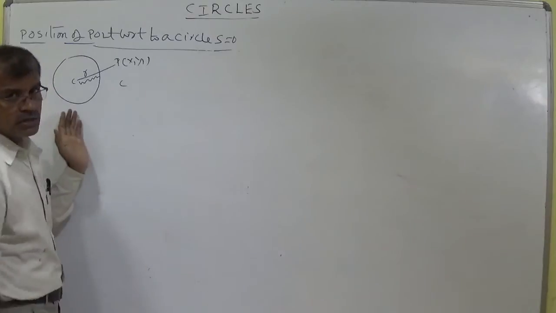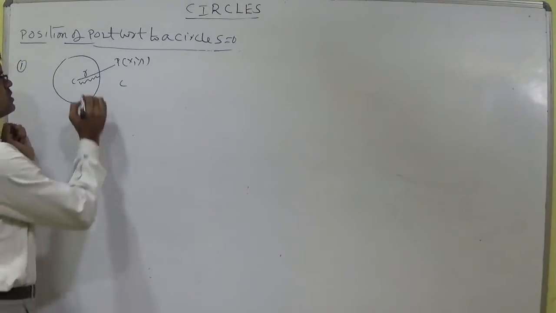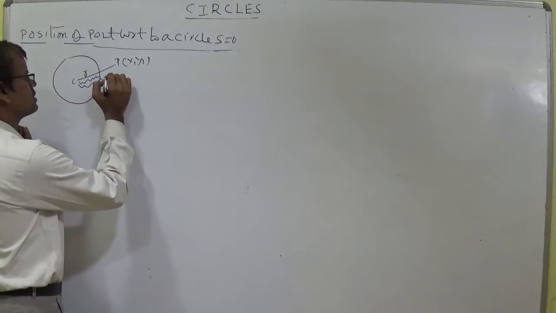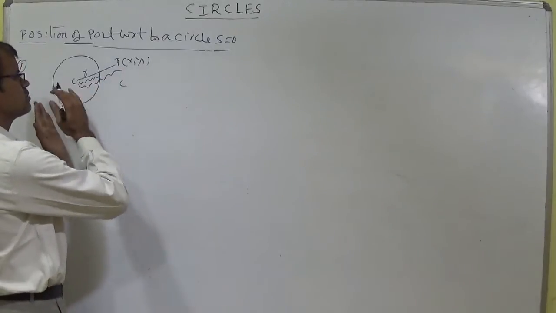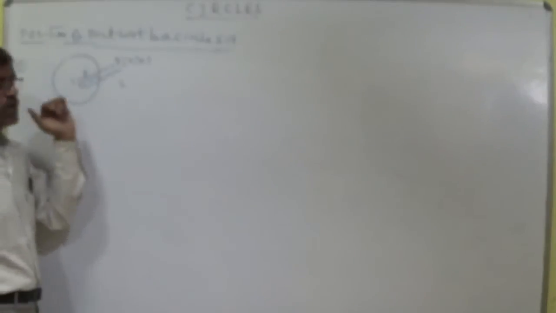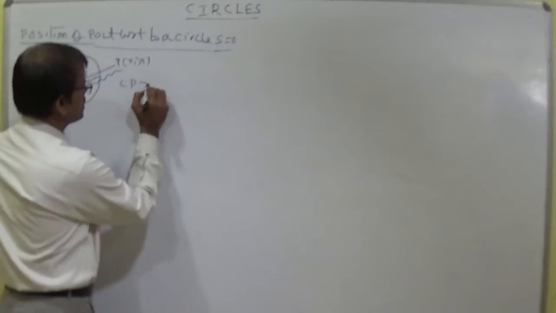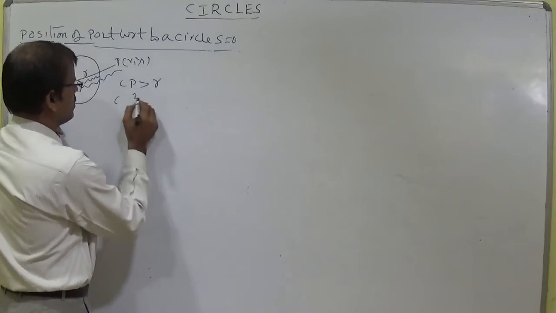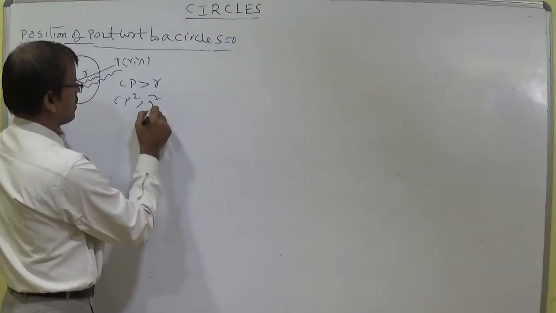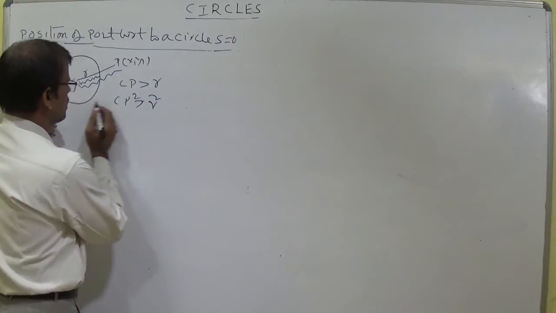Here P is outside. Whenever P is outside, undoubtedly you can say that the distance between the center and the point is greater than R. So you can say here CP greater than R. Whenever CP is greater than R, you can write CP square minus R square greater than 0.